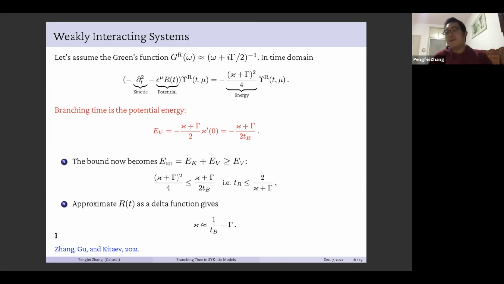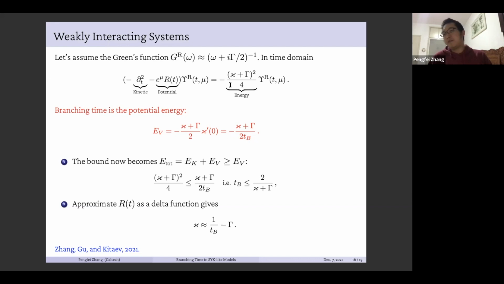In fact, in weakly interacting systems, we can go further by assuming the retarded Green's function takes the form of some quasiparticle, where capital Gamma is the decay rate of the system. Then we can write out the eigenequation for the retarded kernel after adding this e to the mu factor directly in the time domain.